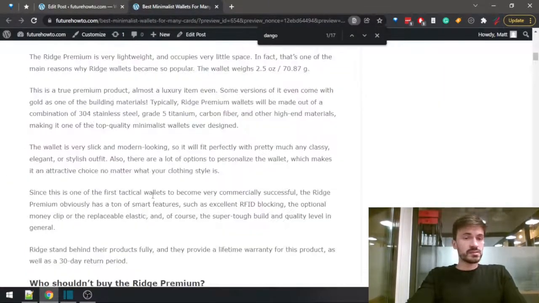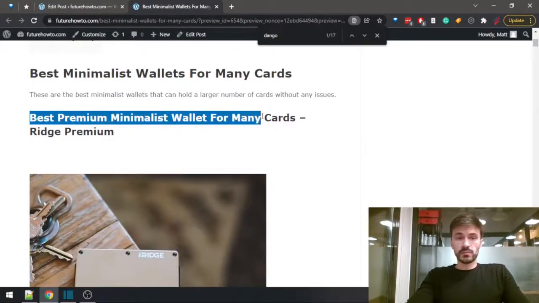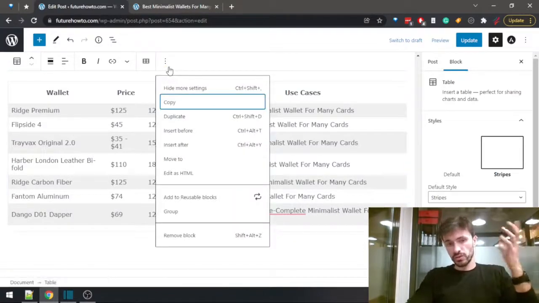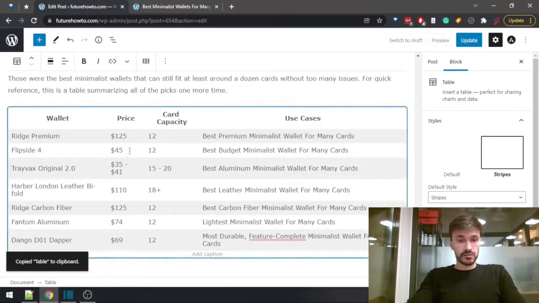When someone writes, for example, best minimalist wallets for many cards, and Google decides to offer a snippet there, a table is pretty much the perfect solution. A list is okay for this type of article, like bullet points and all of that, but a table is even better because look at this.